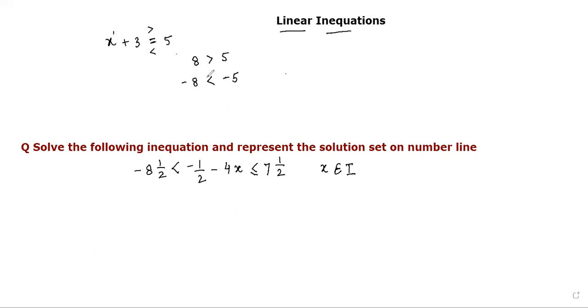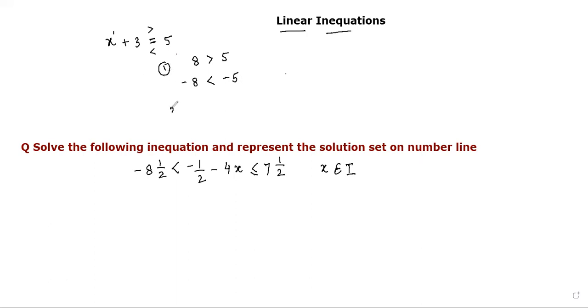Very important. I repeat, if 8 is greater than 5, and I put the minus sign on both sides, then minus 8 is actually less than minus 5. I hope you can plot it on the number line and understand that minus 8 is less than minus 5. This is rule number 1.